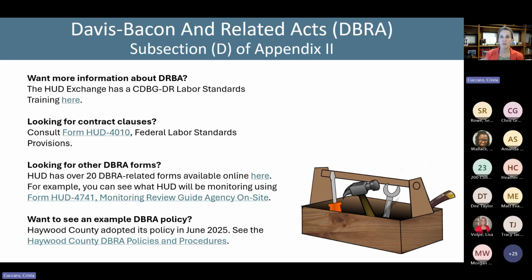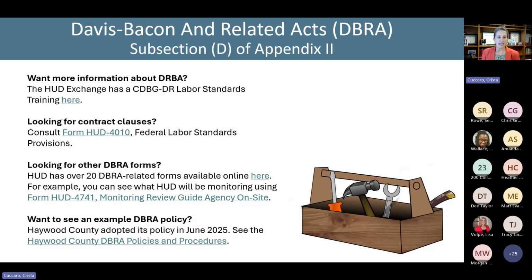It's a really helpful resource to understand what you need to consider for compliance. And then Haywood County adopted a Davis-Bacon and related acts policy just a couple of months ago. Their policy covers a lot of what I've talked about in the past couple of slides, and you can see an example of that policy linked here.